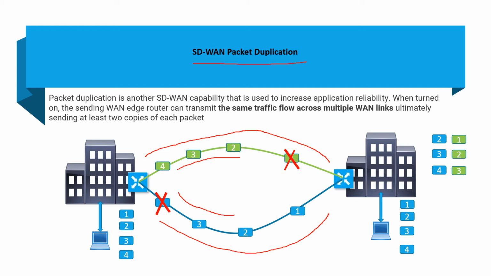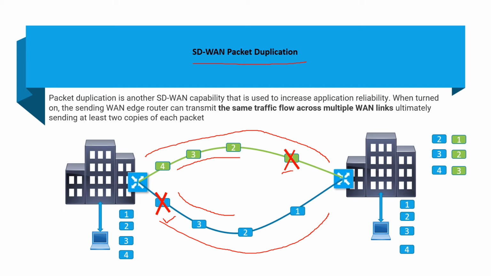So in case I lose a packet over the MPLS, I might lose packet 4 over the internet. I got a lot of duplicates here. From the first link, I got packets 2, 3, and 4. Over the second link, I got packets 1, 2, and 3.